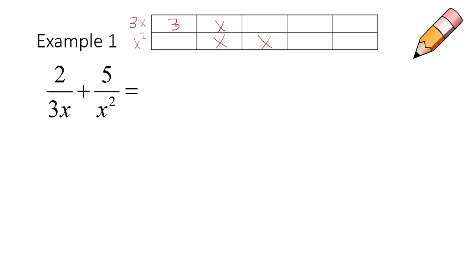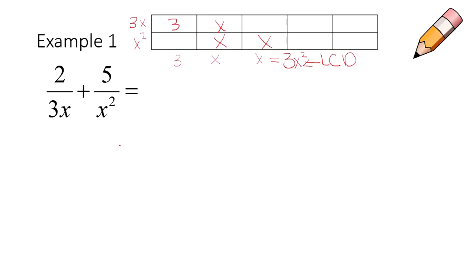Now, each column is going to give you one thing. So we're actually going to have a 3xx, or 3x squared, for our least common denominator, because we have canceled out which ones they have in common, which is the double column here, right?